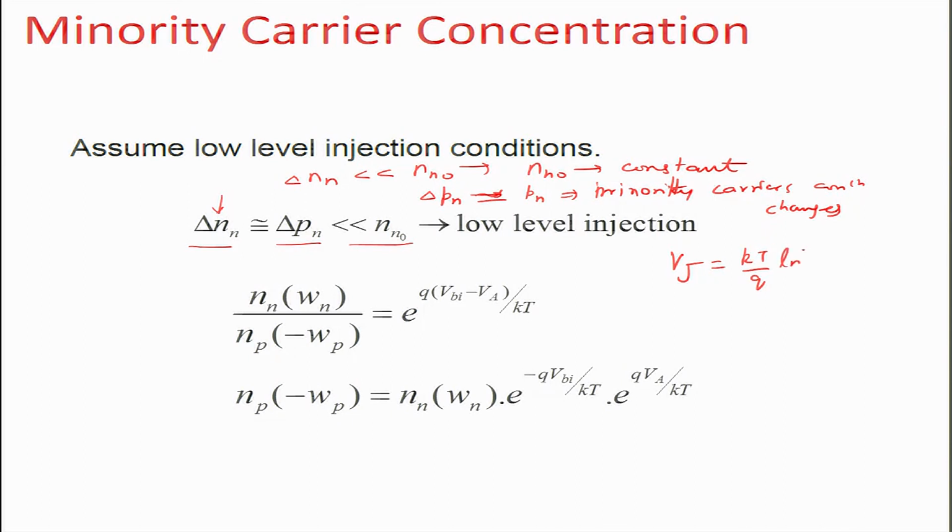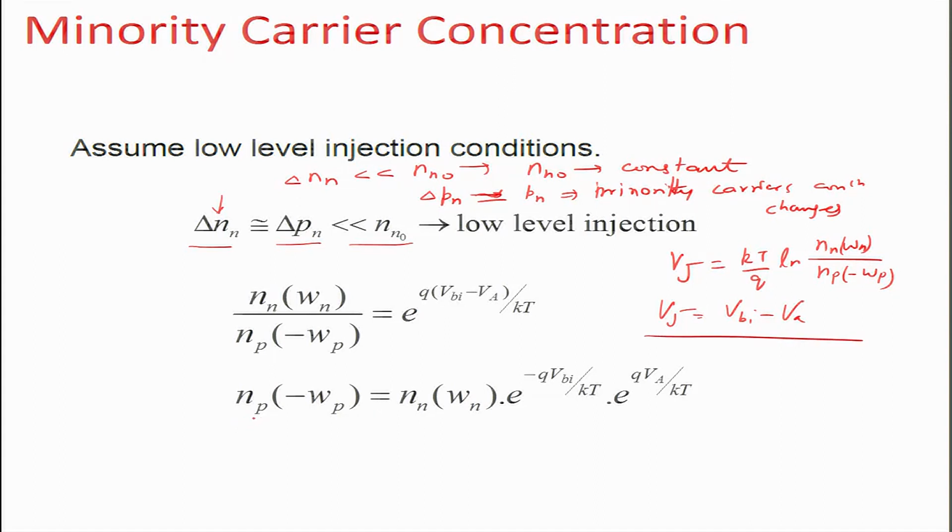ln of Nn at Wn divided by Np at minus Wp, I can now flip this equation. So if I write in terms of electron concentration, it becomes Nn at Wn divided by Np at minus Wp is equal to exponential of q into (Vbi minus Va) divided by kT, where Vj is equal to Vbi minus Va.